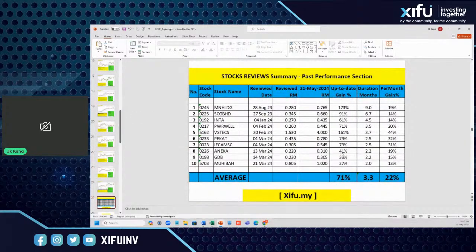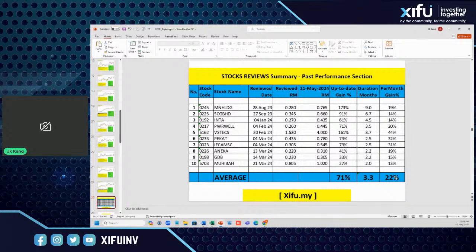From this period of 28 August until March 21st, 2024, I have these 10 stocks with up-to-date gain performance, with an average duration of about 3.5 months. So it equates to a monthly gain of over 20 percent. The average over all 10 stocks within that 3.3 months was about 22% per month.